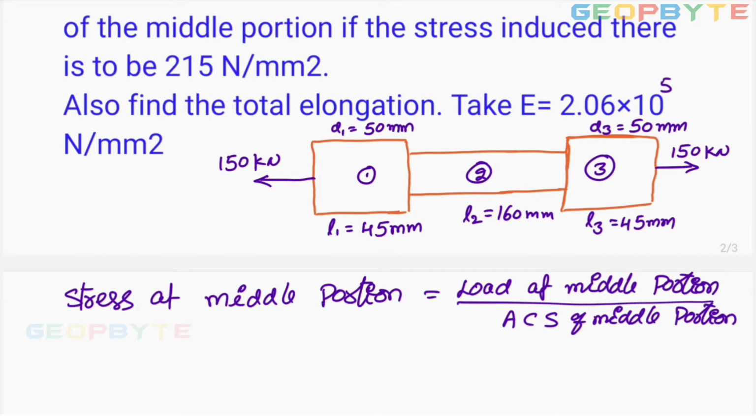Here stress at the middle portion is given, 215. Look at the load. Since the same load is given on both ends of the diagram, the load at the middle portion is 150 into 10 power 3 divided by area at the middle portion A2.